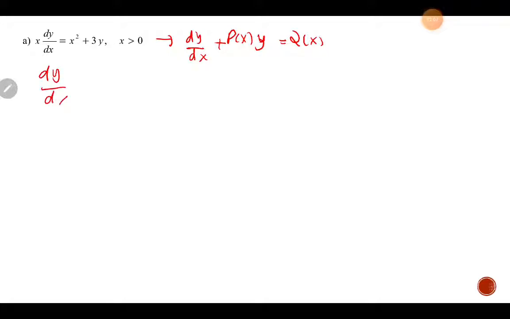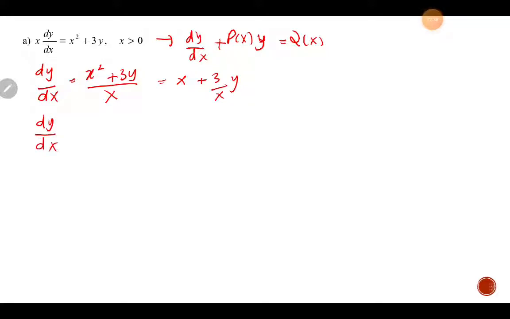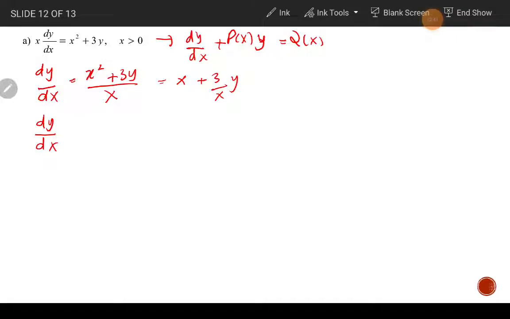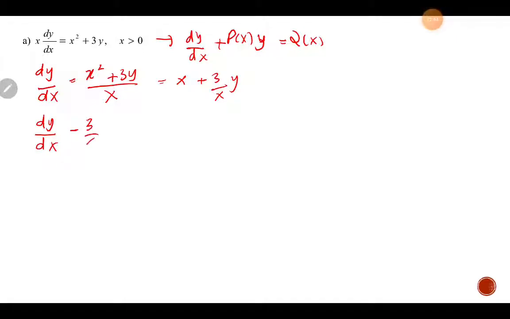So we have dy/dx minus 3y/x, after dividing everything by x. So dy/dx equals (x squared plus 3y) over x, which gives x plus 3y/x. To resemble the standard form, we have dy/dx minus 3/x y equals x.